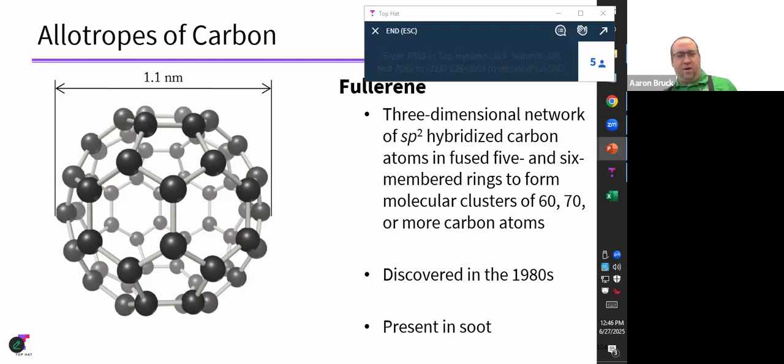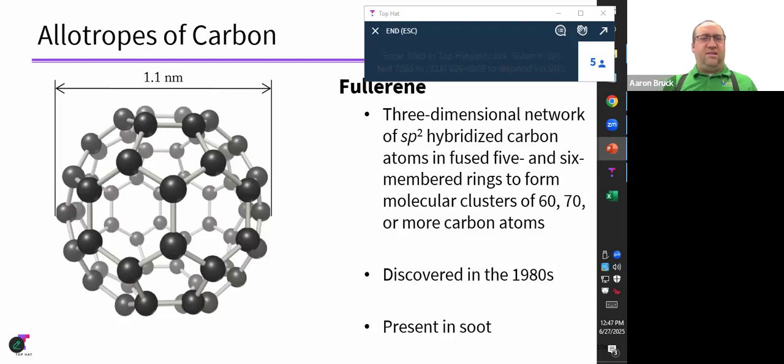Fullerenes, or buckyballs as they are sometimes referred to, are a really interesting network array of basically carbon forming a soccer ball kind of formation.